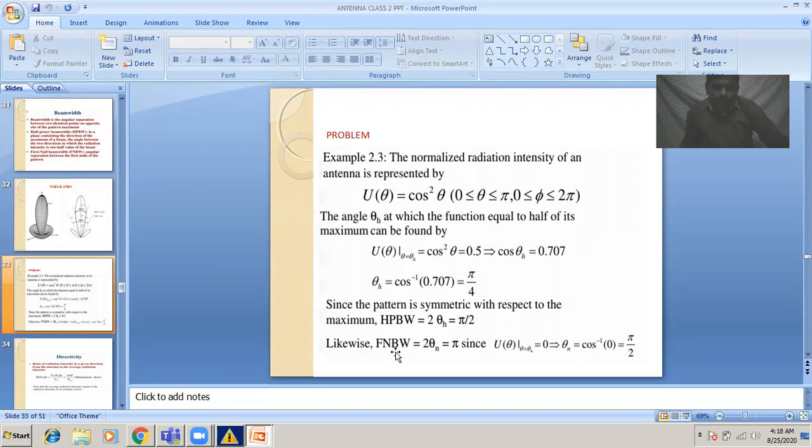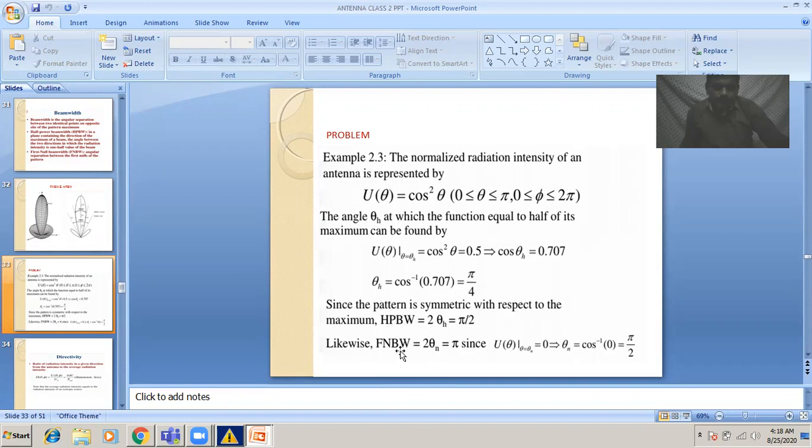And what is called FNBW? So, you know already that FNBW is approximately twice the half power beam width, that is, the half power beamwidth is half that of the FNBW.